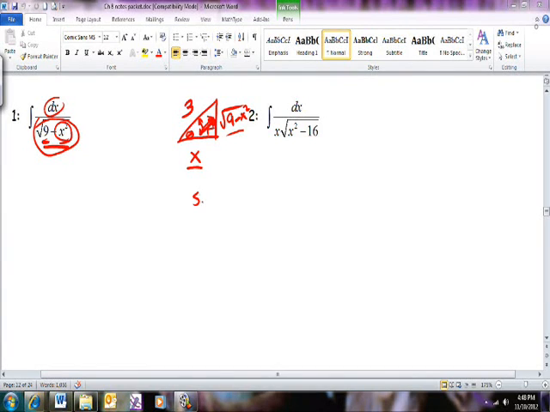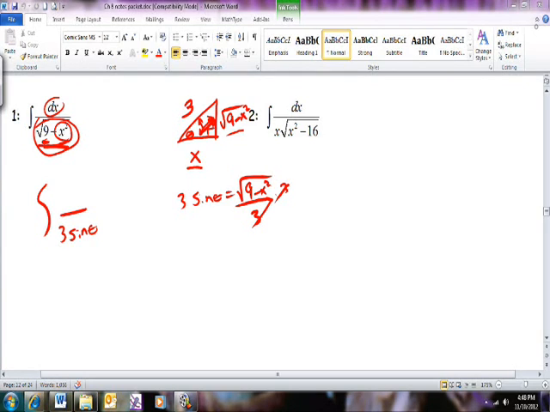So it's the sine of theta equals our square root of 9 minus x squared, that's our opposite, over hypotenuse of 3. So that's our sine. Where I see that in the problem, I multiply by 3, and I'm going to replace my square root of 9 minus x squared by 3 sine theta. So we got the integral 3 sine theta.